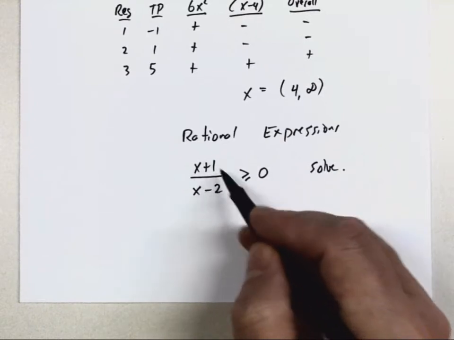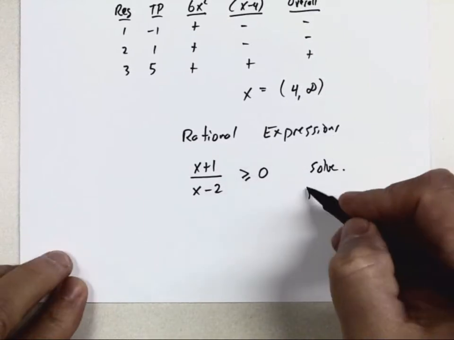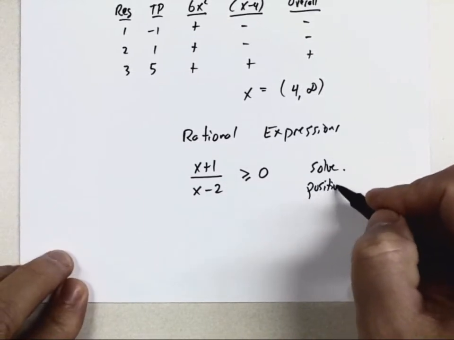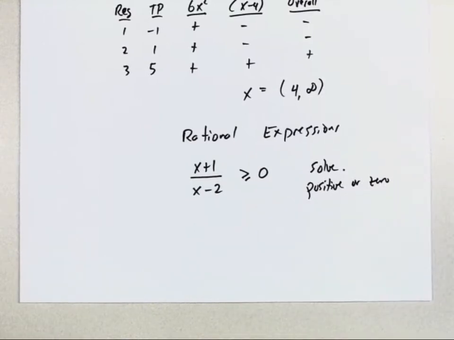What values of x would cause that to be greater than or equal to 0? Basically, once again, where it is positive or 0. Now the nice thing is the steps you go through to solve this one are very similar, almost identical to the steps we just talked about.